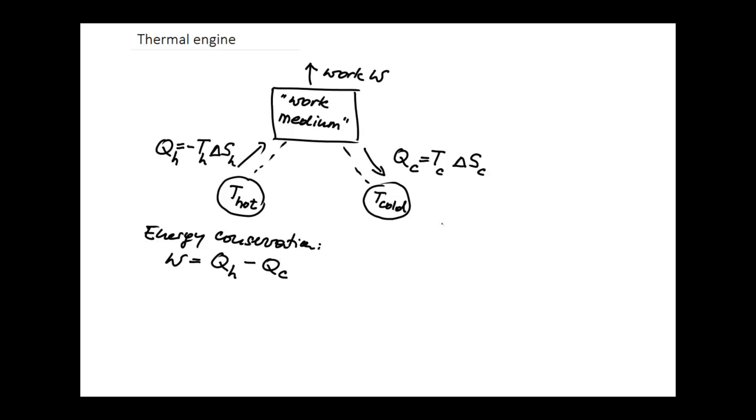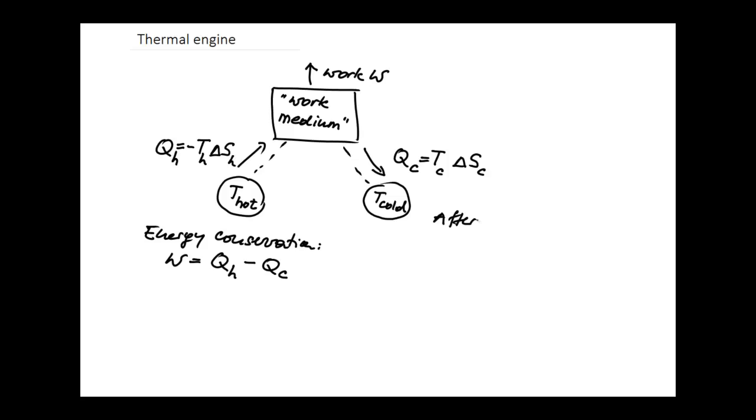Let's now look at the entropy balance. Such a thermal engine typically works in cycles. So it extracts heat from the hot reservoir, it performs work, it gives away heat to the cold reservoir, and then after a certain cycle, the work medium is back to its initial state.